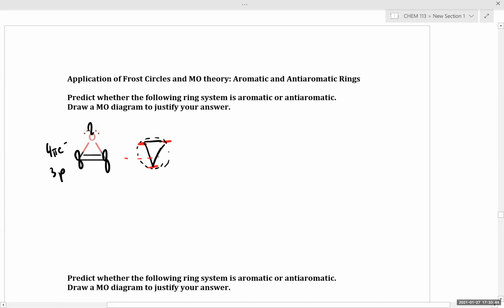So for example, looking at the following diagram, we see that from our Frost circle, we have 1 bonding molecular orbital and 2 anti-bonding molecular orbitals.